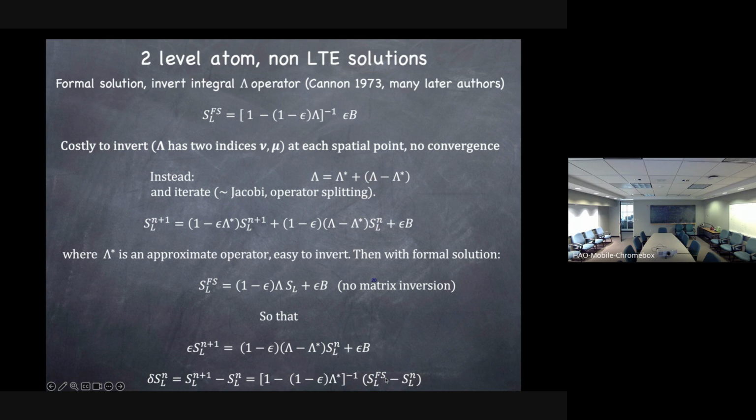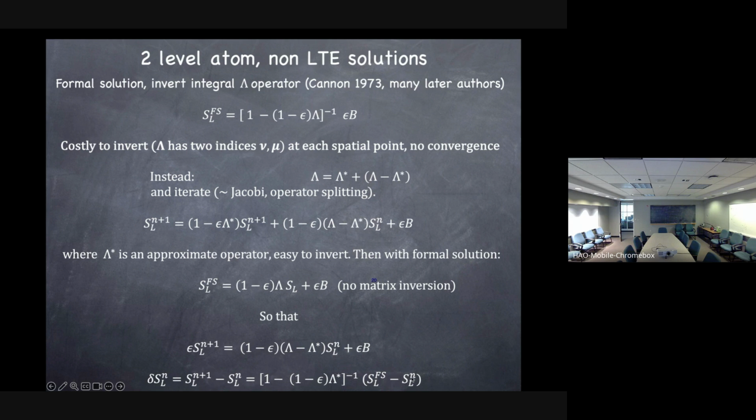Now, I'm sorry about all the equations, but this is the minimum I can get away with to show you what's going on here. So if I look at the difference between S n plus 1 and S n L, I can write it as a formal solution minus the S n L.